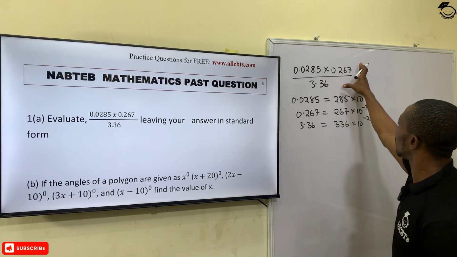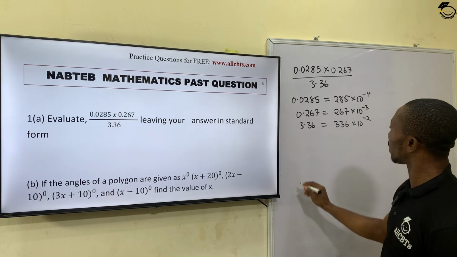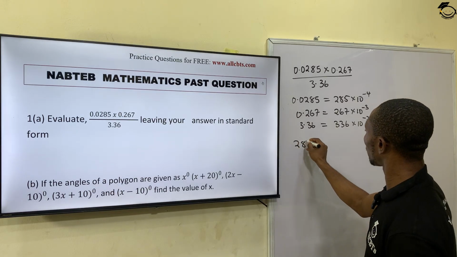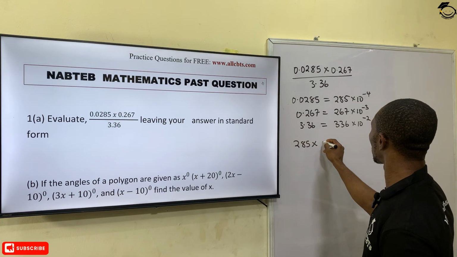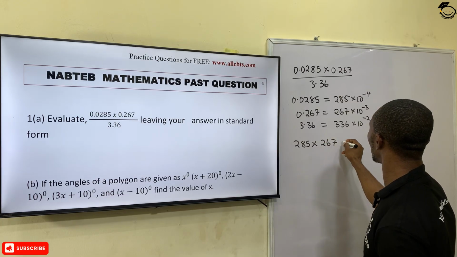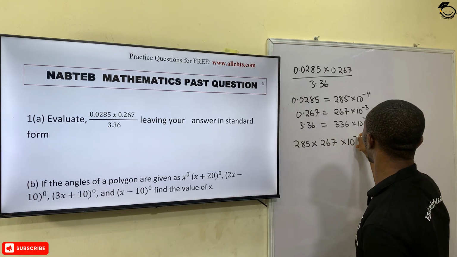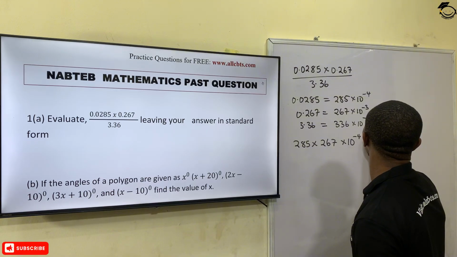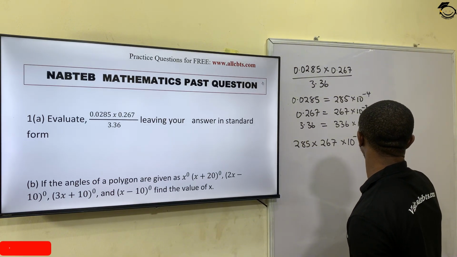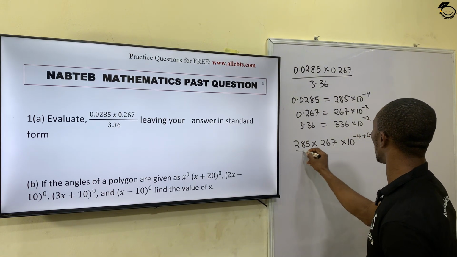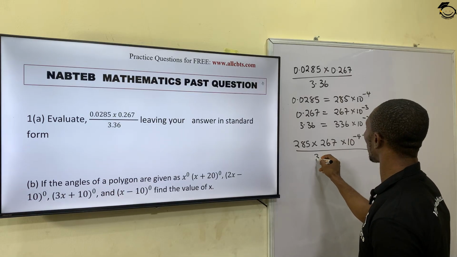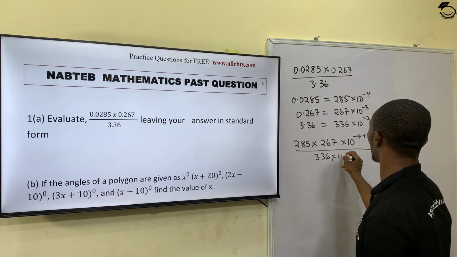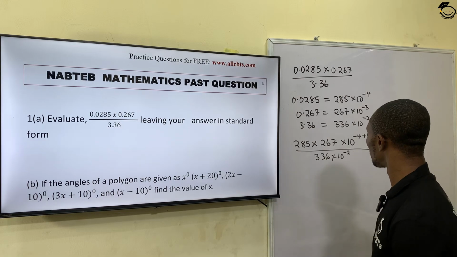Now, replacing all this, we have 285 times 267 times 10 raised to the power minus 4 plus minus 3, all over 336 times 10 raised to the power minus 2.